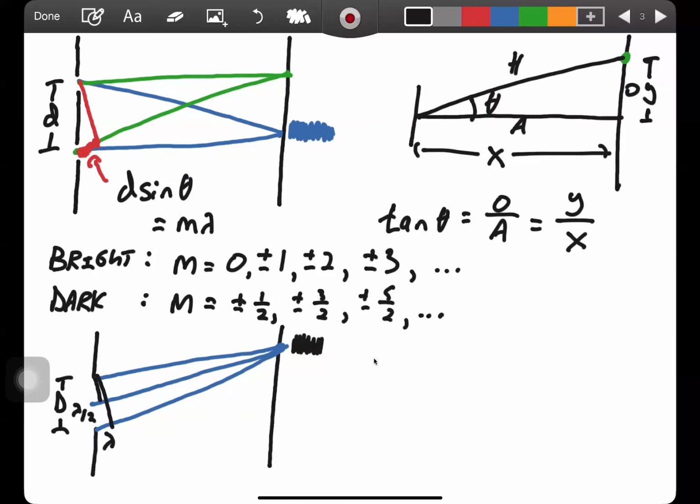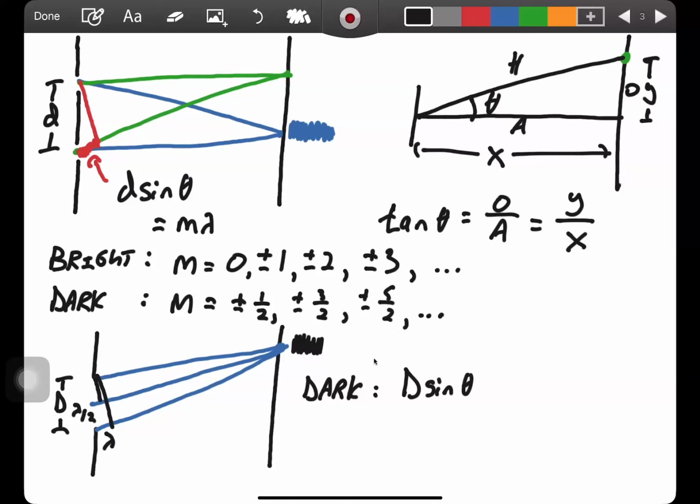And so it turns out that for a single slit, we are going to have the relationship for a dark region: D sine theta. That should look familiar, but remember, the uppercase D now means the width of the single aperture. Lowercase d is the width between slits for either 2, 3, 4, or up to infinity number of slits.